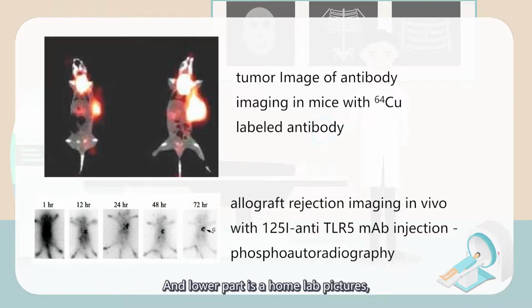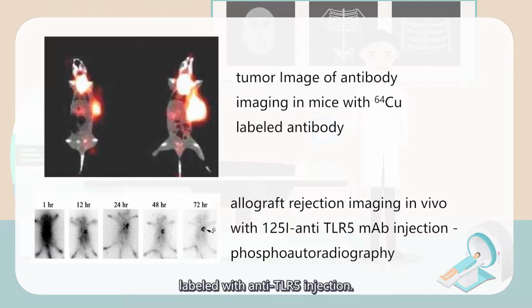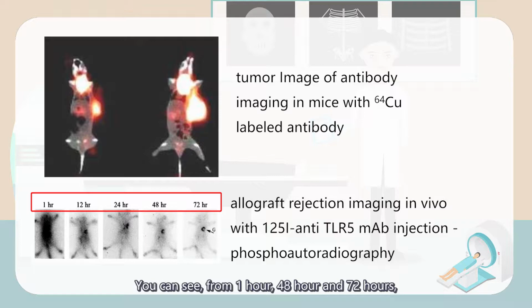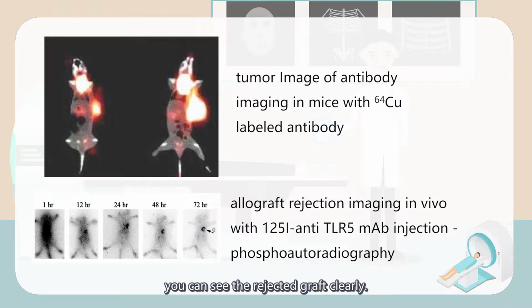And the lower part is from our lab, with pictures monitoring allograft rejection in vivo with iodine-125 labeled anti-tau5 monoclonal antibody injection. We do the autoradiography. You can see from 1 hour, 12 hour, 24 hour, 48 hour, and 72 hour. You can see the rejected graft clearly.